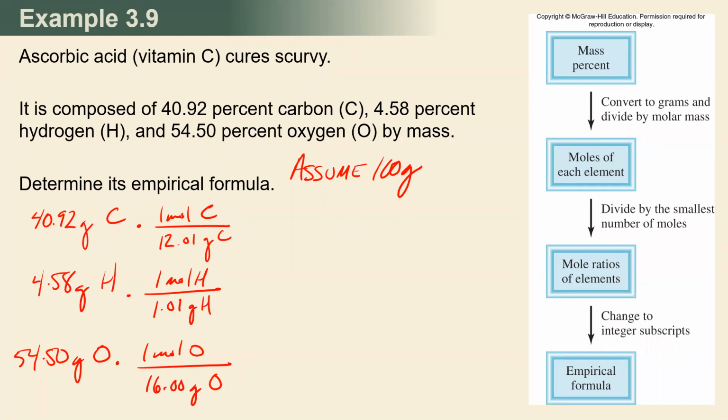All right. So 40.92 divided by 12.01, and we get 3.407 moles of carbon. 4.58 divided by 1.01, we get 4.535 moles of hydrogen.